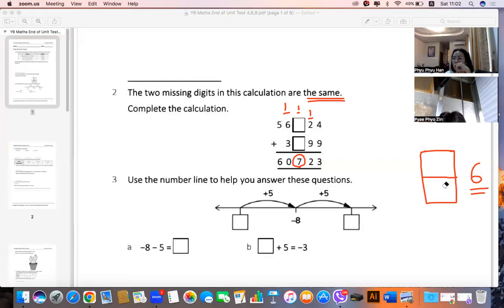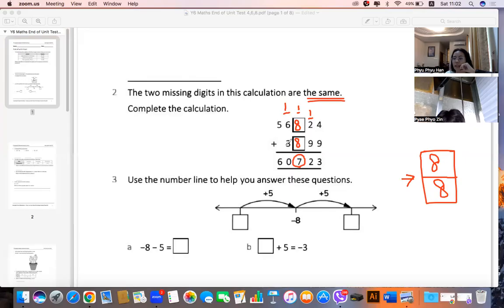We must get like 17, right? But it's 16. So what is that number here? Can we make it into 8? Yes, 8. So 8 plus 8, we will get 16. 16 plus 1, 17. So we put 7 and I put 1 over here.